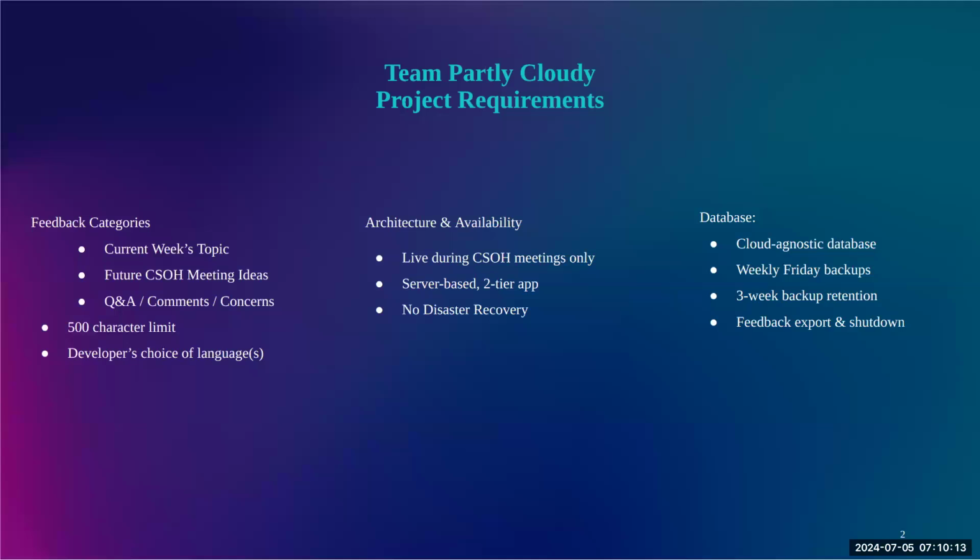And we also wanted to make sure that it was server-based and it was a 2-tier application, and there were no disaster recovery requirements. The database requirements stated that we needed to have a cloud agnostic database that had weekly backups, a 3-week backup retention, and also feedback export and shutdown automation.